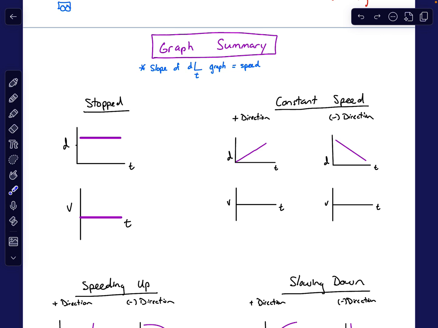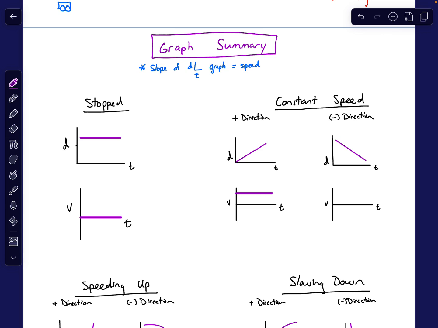Similarly, if I have a constant speed, the slope of my distance graph, notice how it doesn't change, it's a constant value, and it's in the positive direction. It's a positive slope. Therefore, my velocity graph will need to be in the positive quadrant, but it doesn't change, so it would be a straight line in the positive.